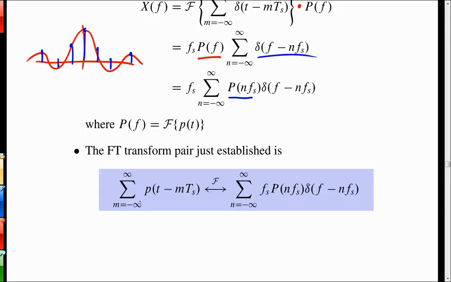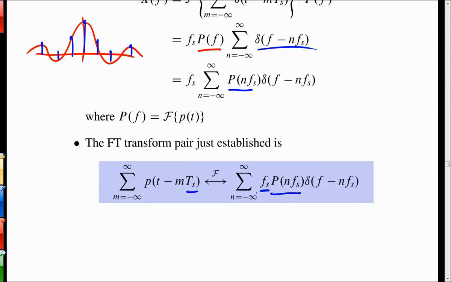You just look at the period as Ts. I identify one period of the waveform, Fourier transform it, and then I sample the spectrum at harmonics of the fundamental, and then I scale it by this Fs, because that came through from the transform pair for the impulse train, and you're done.